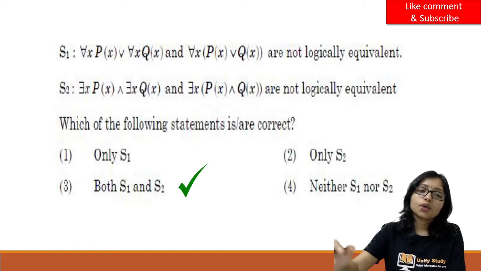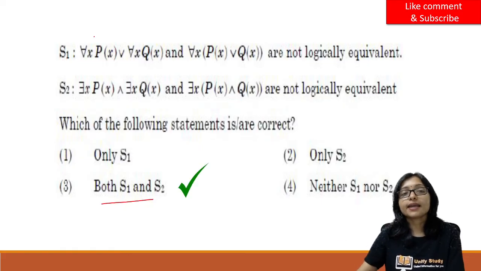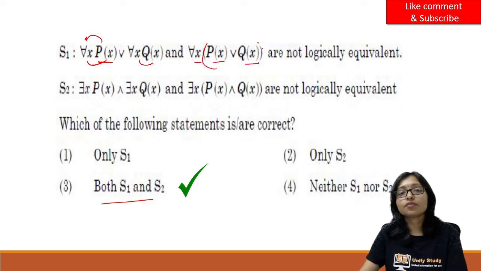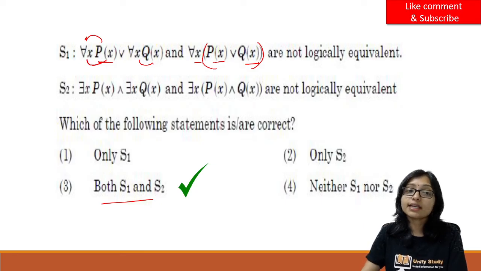Yes, both are correct. Because why? I am comparing with this domain. These are the domain of male. So all x are male here, or all x are female here. I cannot say there is a specific person I am telling and it is male or female. This is not true, because this is according to this domain, and this is according to that domain.